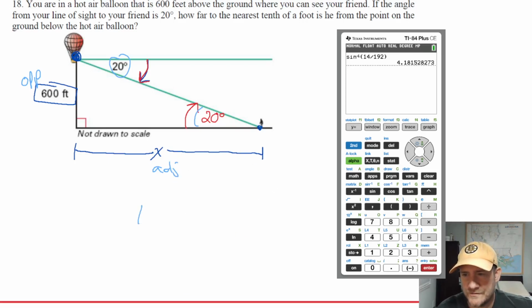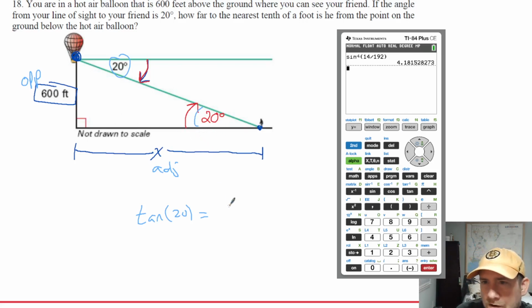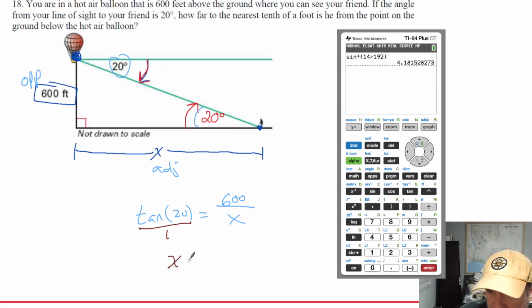So I can write a tangent rule. Alright, so the opposite would be 600, the adjacent is x. So we just have to solve this. Throw that over 1, you get x times the tangent of 20. But you're just going to divide by tangent 20 again.